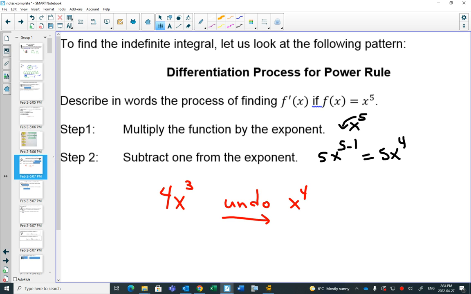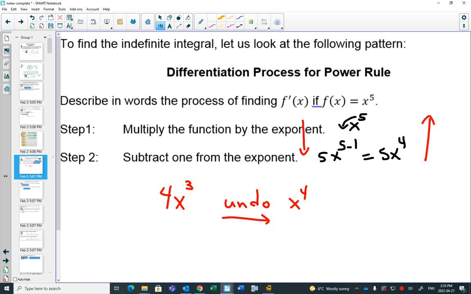But sometimes our math is going to be such that we need to undo it with more steps and more of a process. So if the process was bring the number in front and then subtract 1 from the exponent, that's going in this direction. And if the derivative is going in the opposite direction, you would undo them in the opposite order.